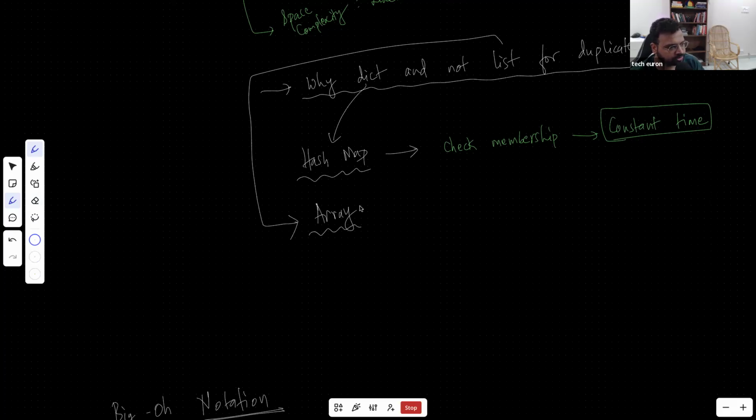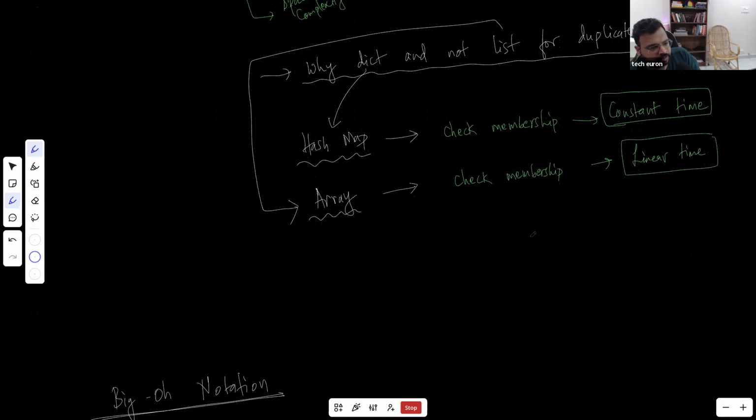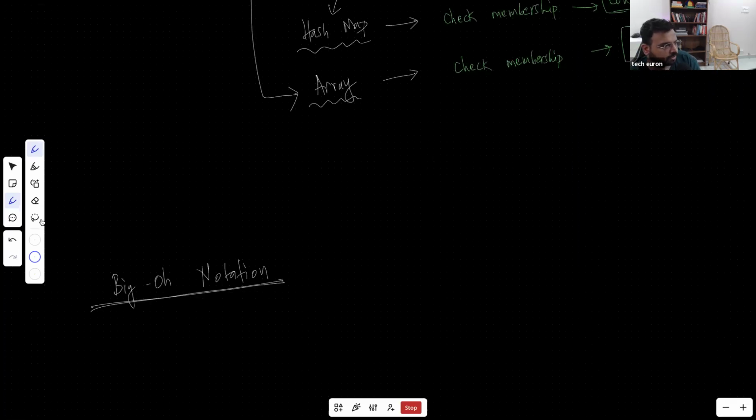So here if we check membership, which means whether an element exists in a list or not, it is linear time.